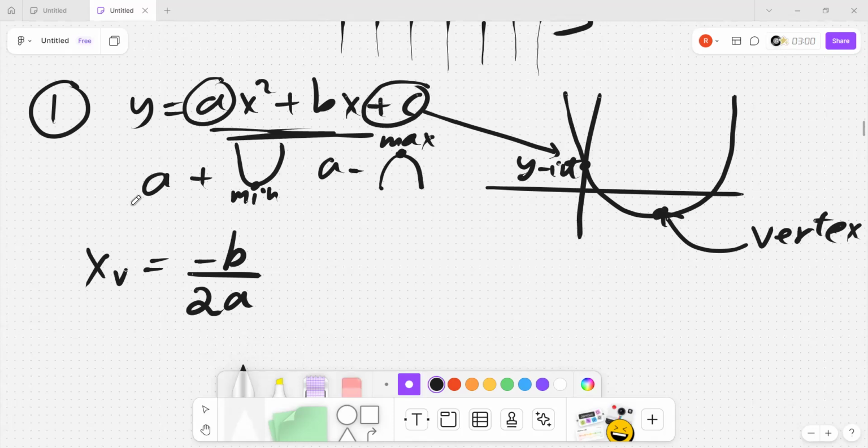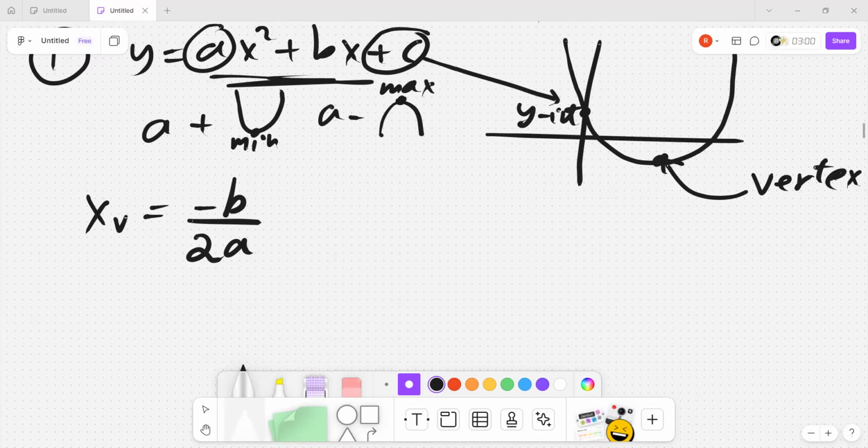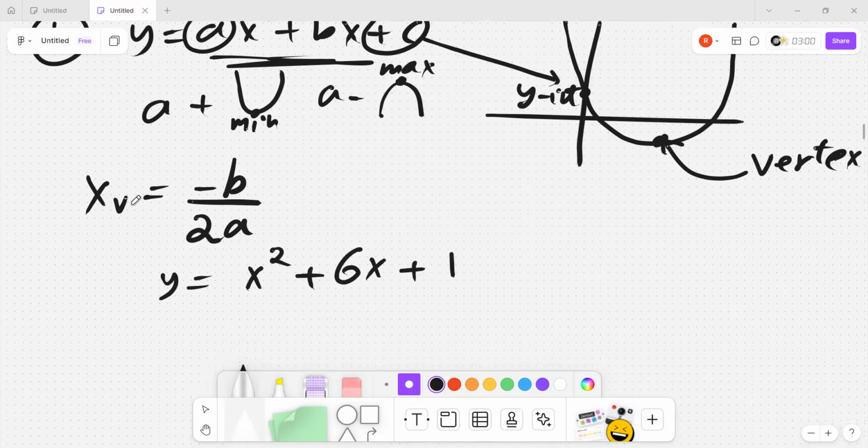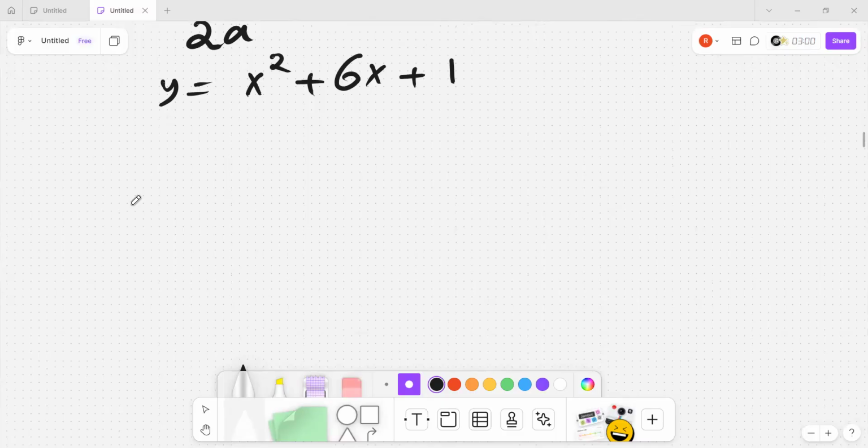For example, if we have y equals x squared plus 6x plus 1, to find the x vertex, negative b over 2a. This is a, which is 1. This is b, which is 6. This is c, which is 1.